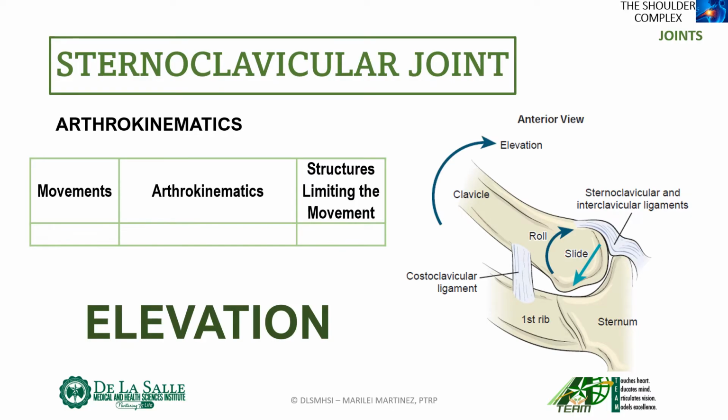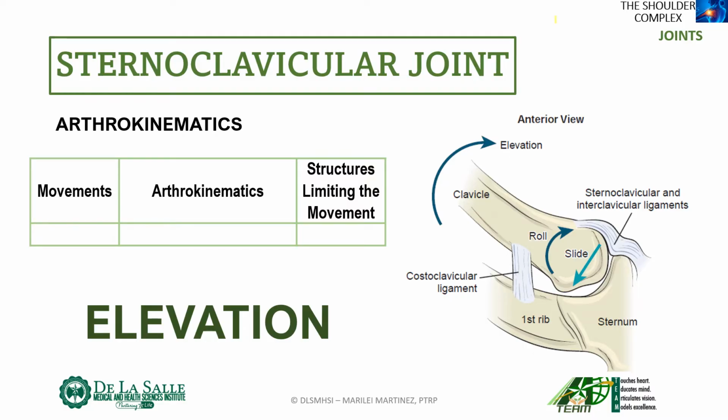If you can remember, this is a saddle joint, meaning each articulating surface of the bones involved in this joint has both a convex and a concave surface.